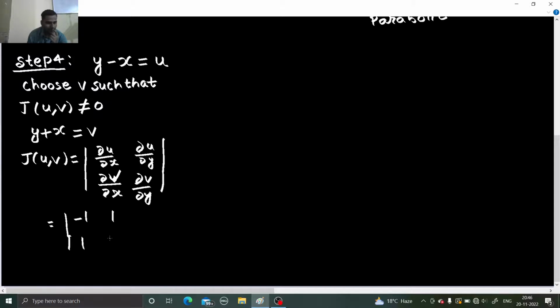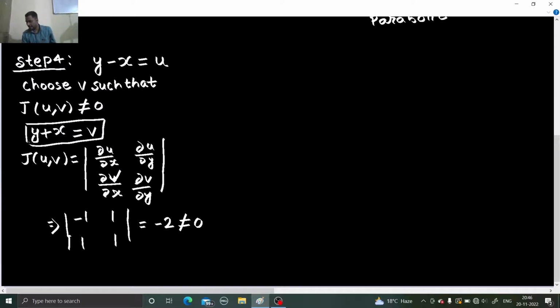And your del v by del y is going to come as 1 again. So if I find the value of this determinant, -1 minus 1, so -2, which is obviously not equal to 0. So this v which we chose randomly by hit and trial will be beneficial for us. So we got the value of v finally.